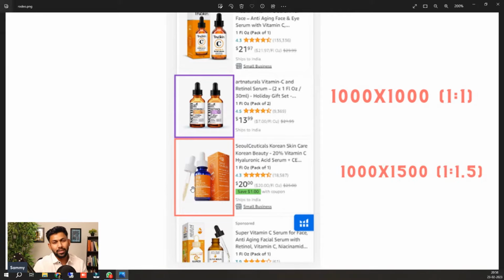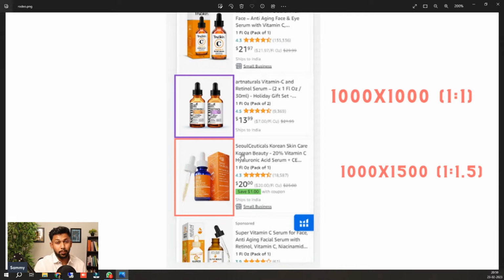The width may be 1000 and the height 1500, or the height may be 2000. In this case, it is 1000 by 1500 pixels. You see it is taking more real estate in Amazon, and obviously it takes more visibility from the customer and, interestingly, it will increase the CTR.